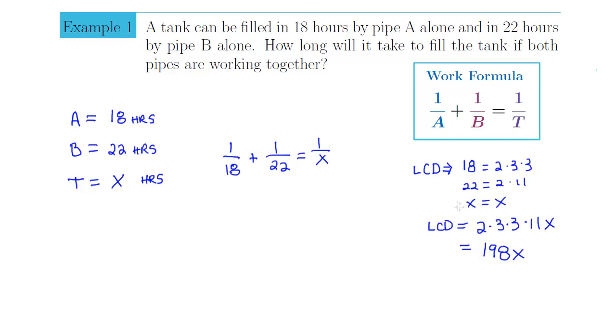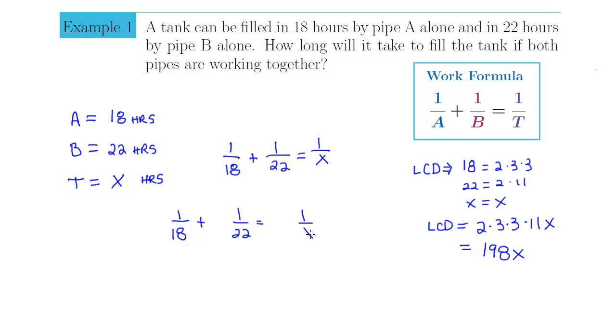Now, after we've identified the LCD, the next thing is to take that LCD and multiply each term in our equation by that LCD. So we have 1 over 18, and I'm going to rewrite our equation right here, plus 1 over 22 equals 1 over x.